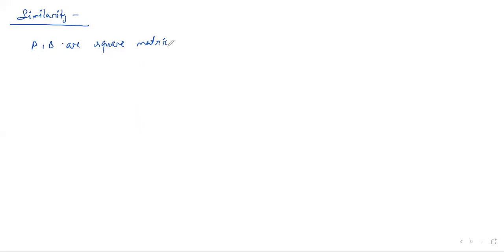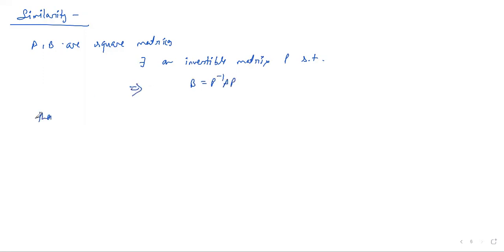So A and B are two square matrices for which there exists an invertible matrix P such that B is equal to P inverse AP.